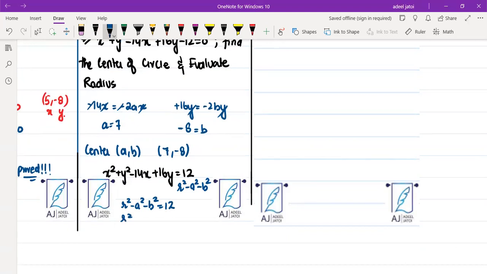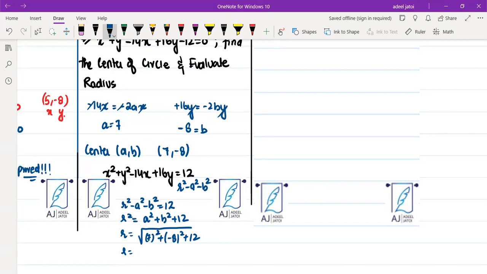So r² is equal to a² + b² + 12. r will be the square root of 7² + (-8)² + 12.